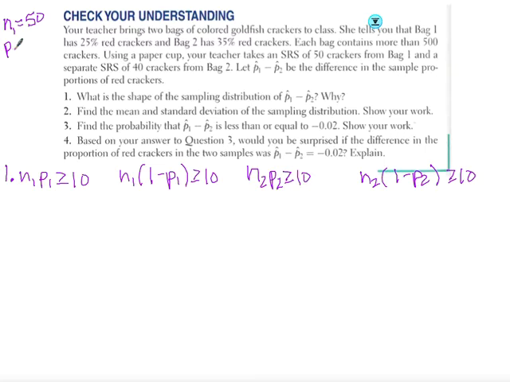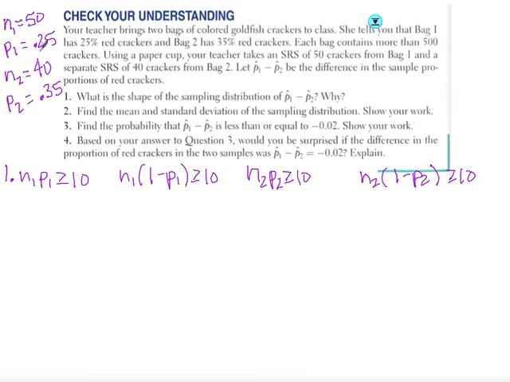It told you that in bag 1, 25% of the crackers are red, so your P1 is 0.25. Bag 2 has N2 of 40 crackers, and P2 with 35% red crackers, so 0.35.